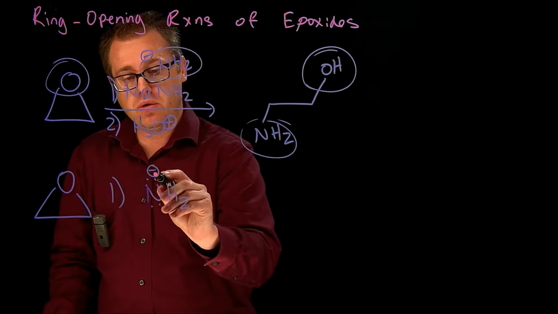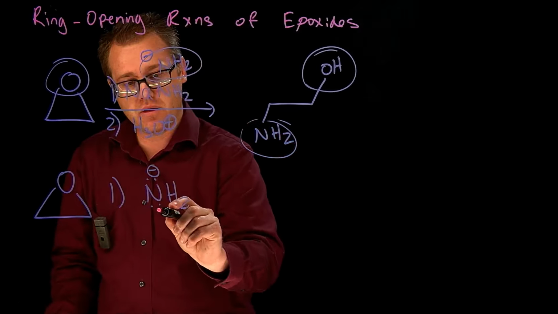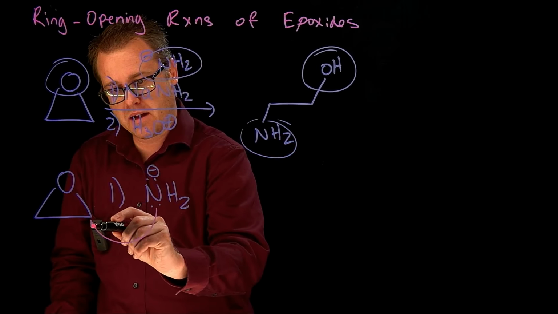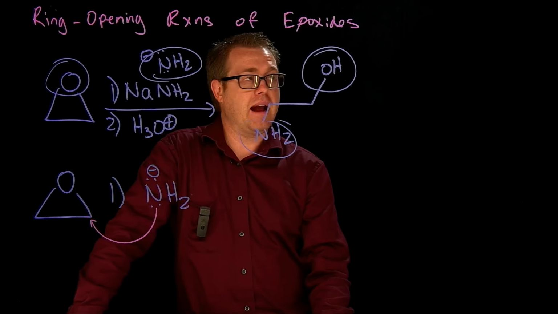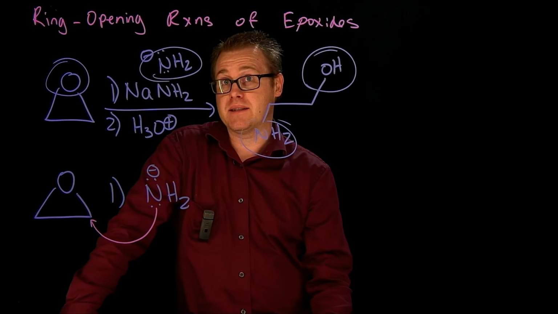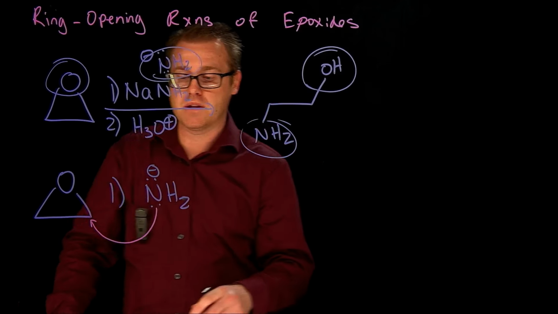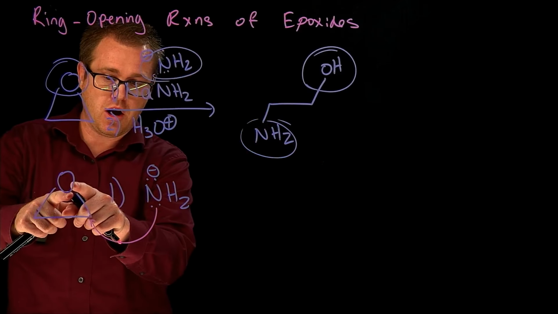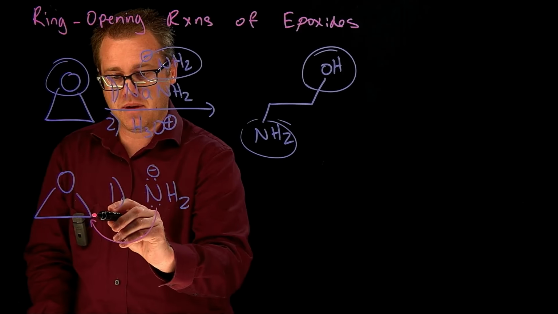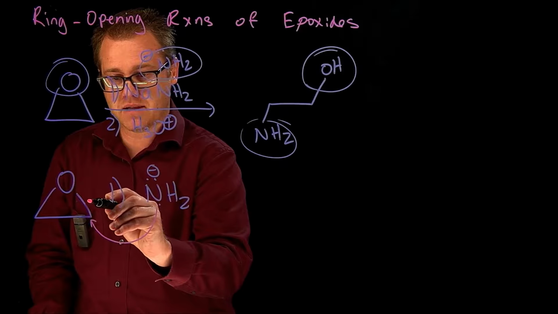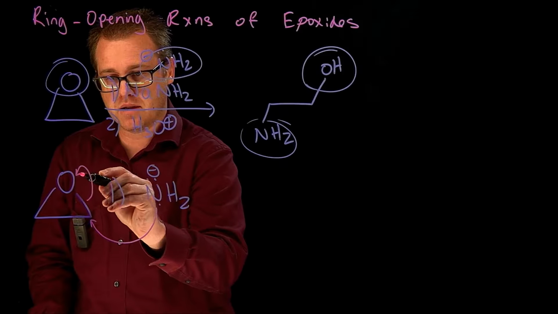So the strong nucleophile is going to come in and attack one of those carbons like that. Now, if that's the only pink arrow that I draw, I have formed a pentavalent carbon. So what's going to break is the oxygen-carbon bond right there. So that's the carbon it attacks, so it has to break this oxygen-carbon bond like so.